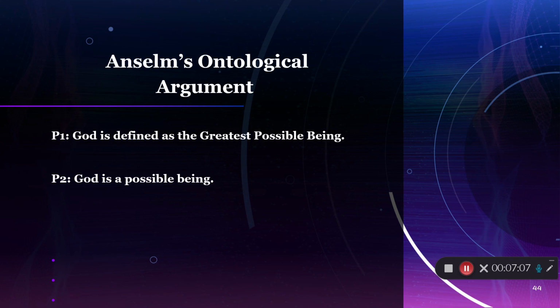So let's see. A round square is logically impossible. Anselm gives us a test. He says, we can close our eyes and think about something.